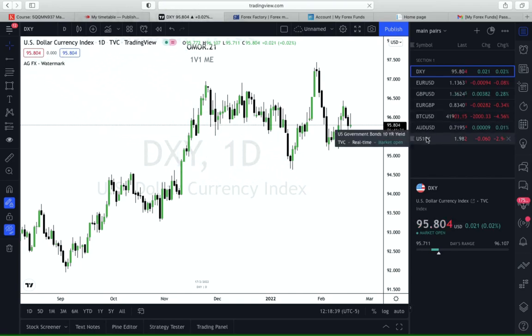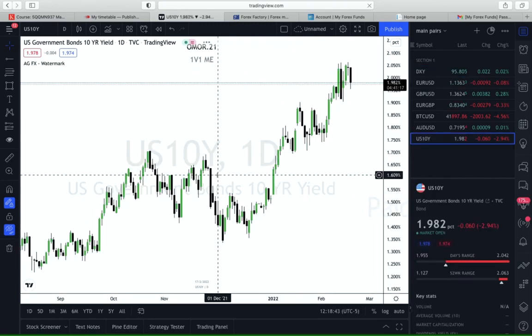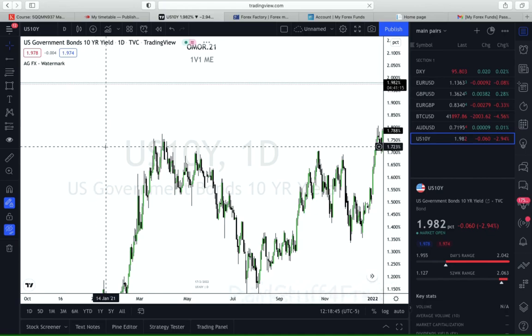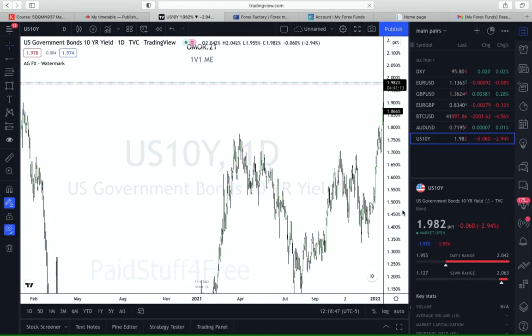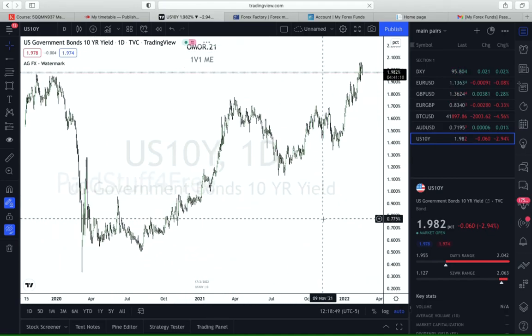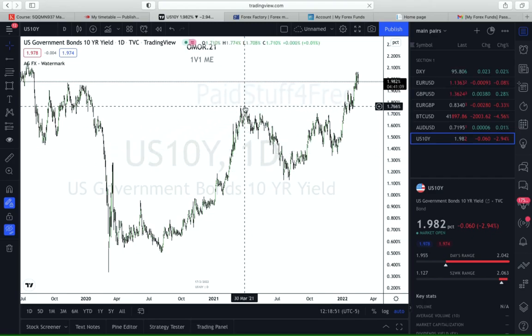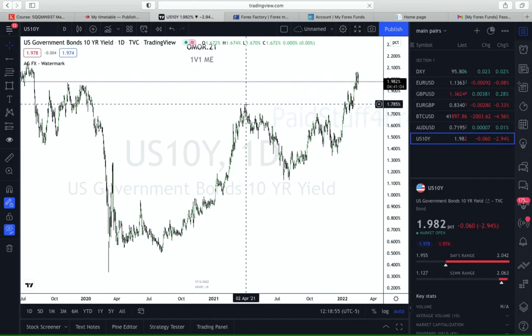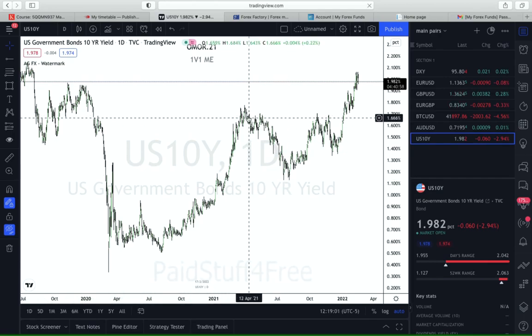look at when there's been a market structure change in the US 10-year. I'll show you, for example. The 31st of March, or the start of April, you saw a decline down.